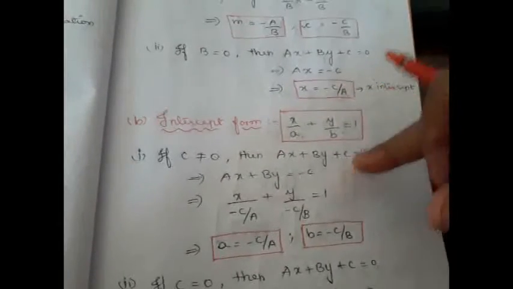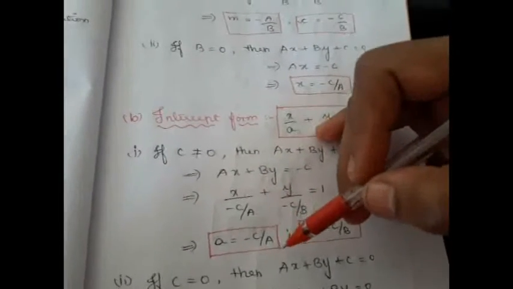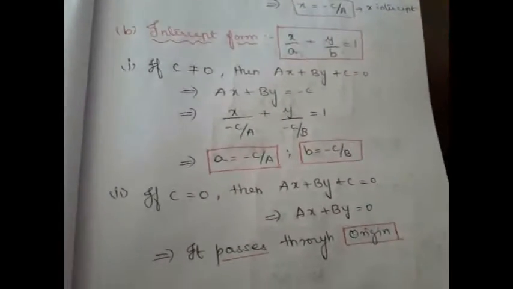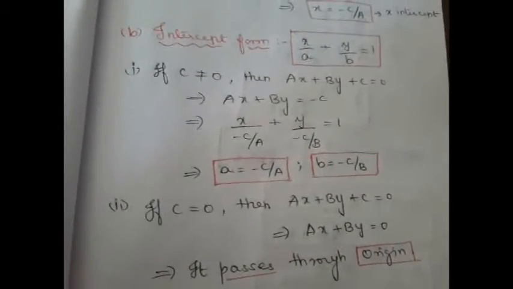So remember, minus c by a is x-intercept, minus c by b is y-intercept, and slope is minus a by b. Yes, and if c is equal to 0, it passes through the origin. Right?